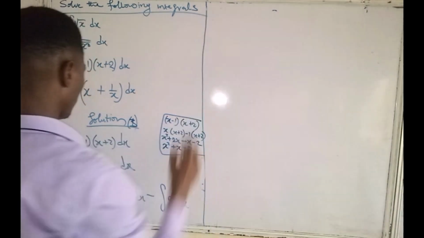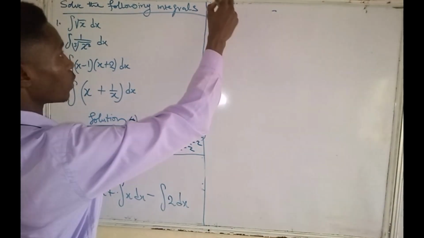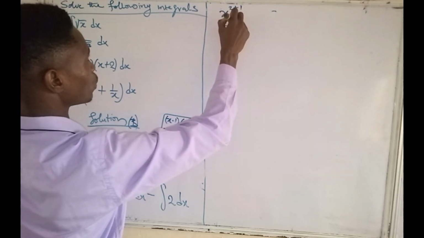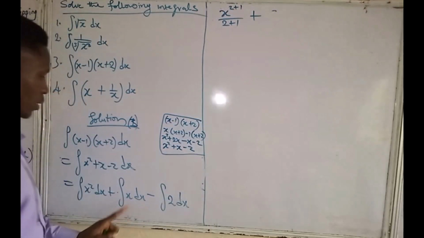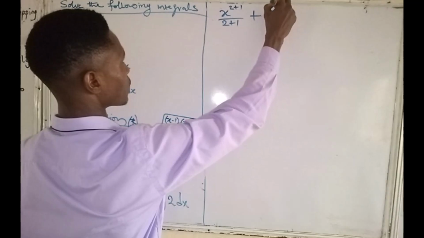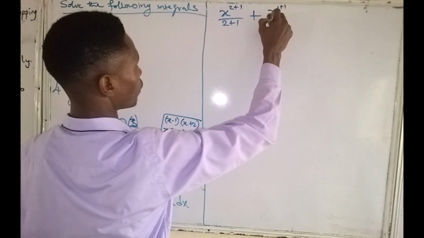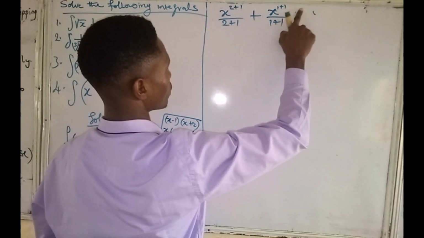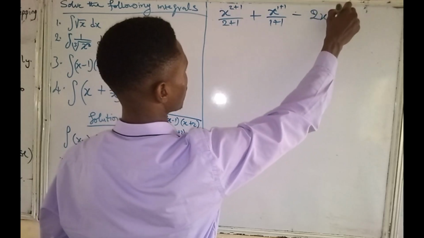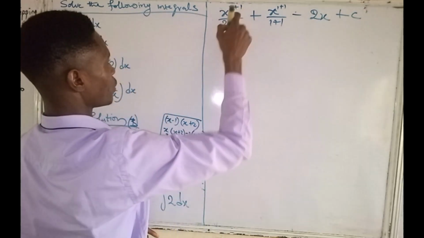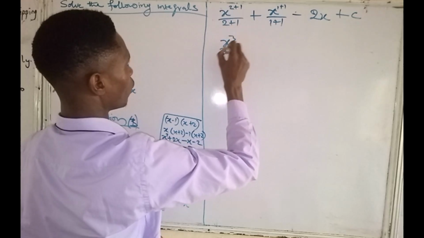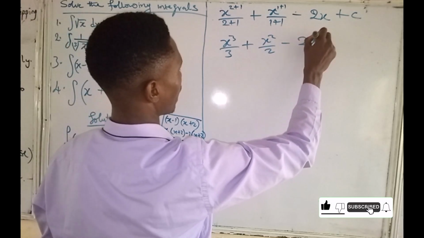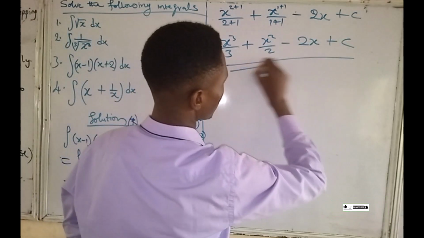The first one is going to be x raised to 2 plus 1 over 2 plus 1, plus this one, x, is going to give us x to the power 1 plus 1 all over 1 plus 1, minus, this is a constant, it's going to give us 2x, then plus c. So if we resolve this, this is going to give us x cubed over 3 plus x squared over 2 minus 2x plus c. And this is the answer.